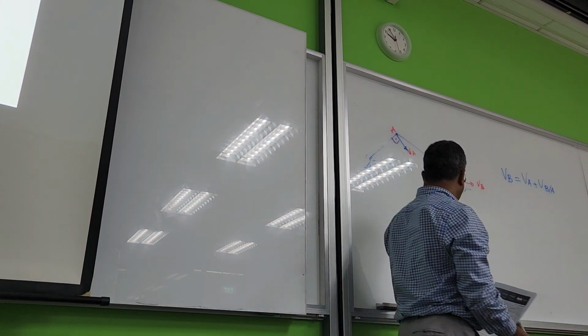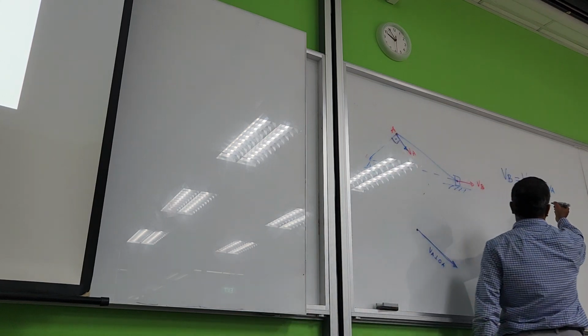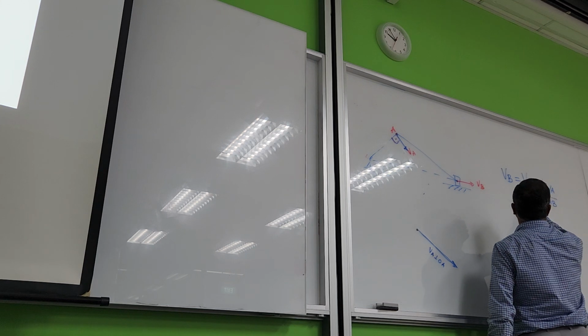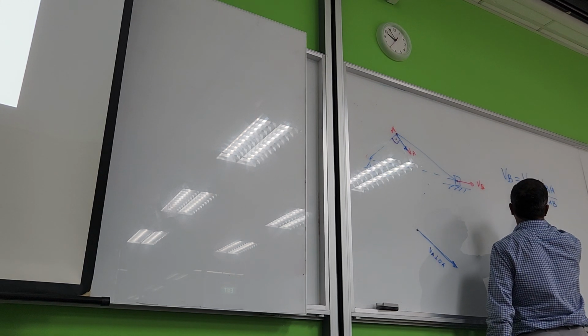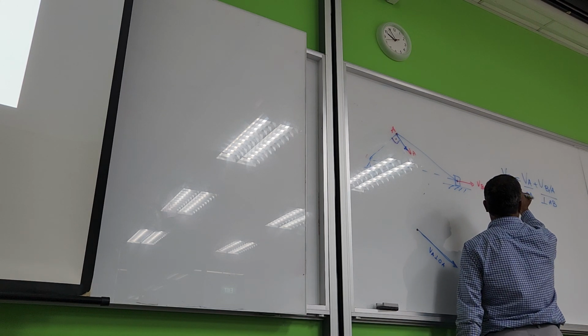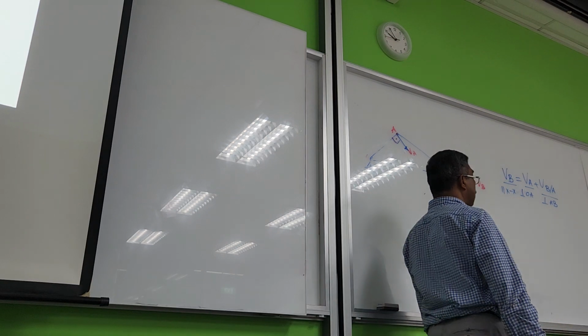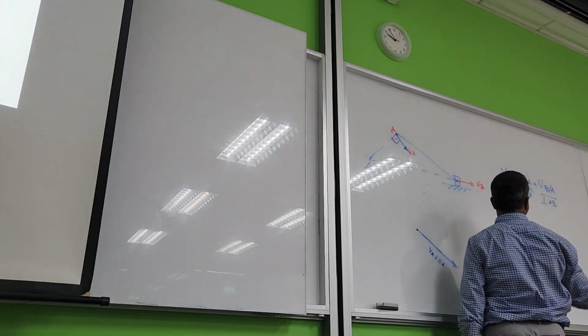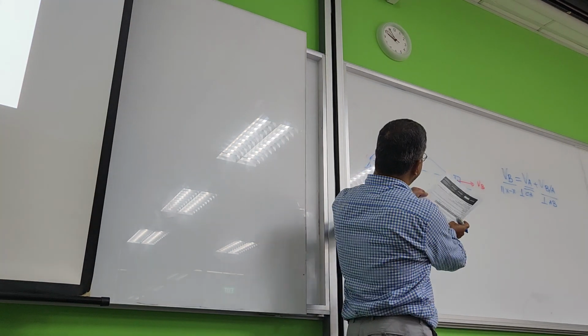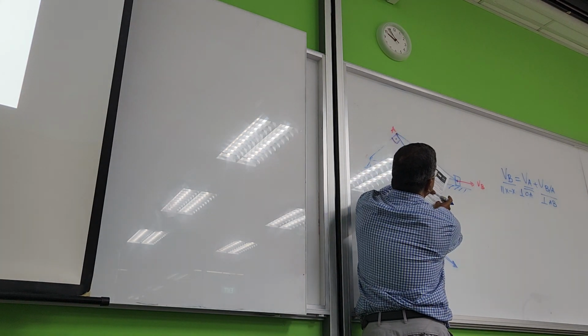So now, look at here. Our VBA is perpendicular to AB, and this one is perpendicular to OA, and this one is parallel to X-X. That is our direction. And of course, we have another line, whose magnitude is known to us. That's our equation. So look at here how I get it. And it is a 90-degree angle of this AB, right?